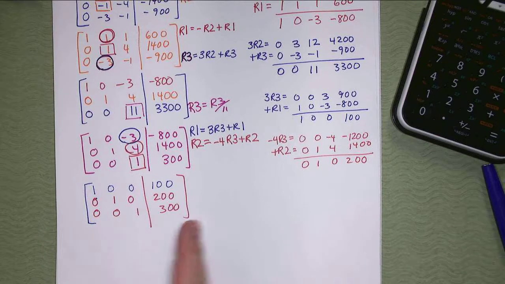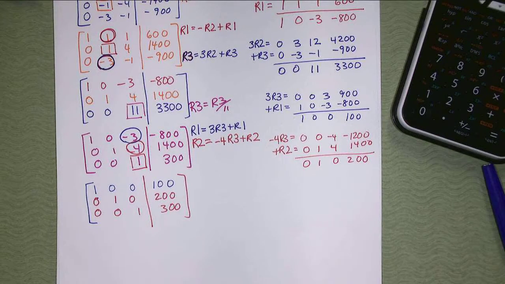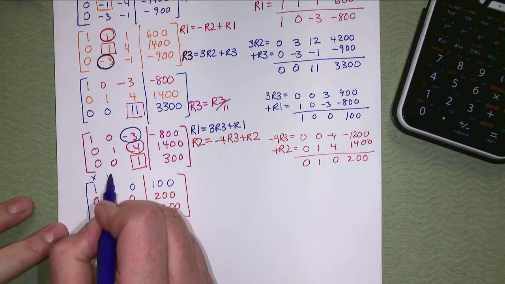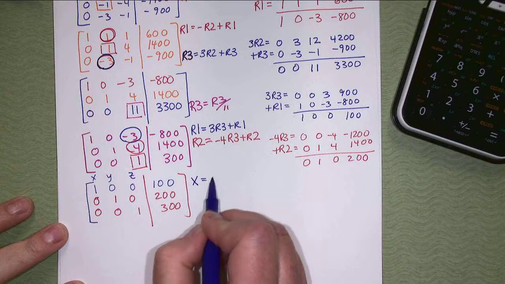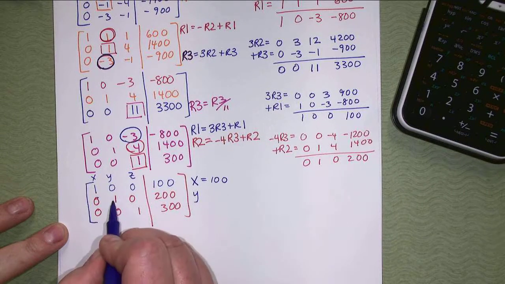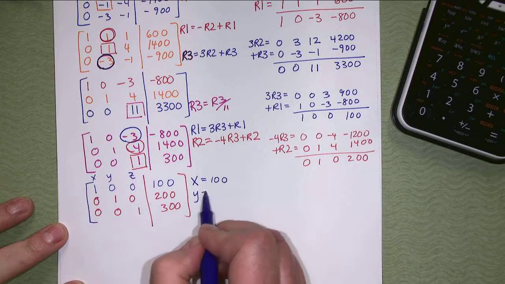So we can read our solution off. What's the solution? This is x, y, z. So x equals 100, y equals 200, and z equals 300.